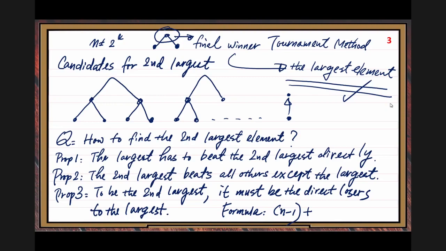So we only count the number of rounds before that, all the levels before that. So that number excludes the top level. So that number is floor function of log base 2 of n. Floor function, not ceiling function.